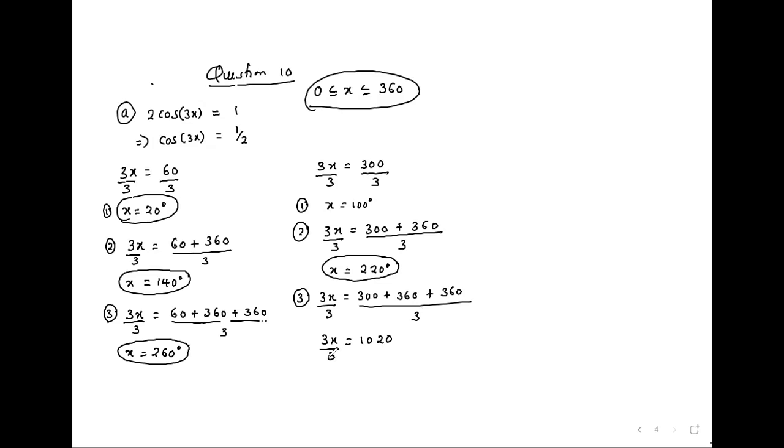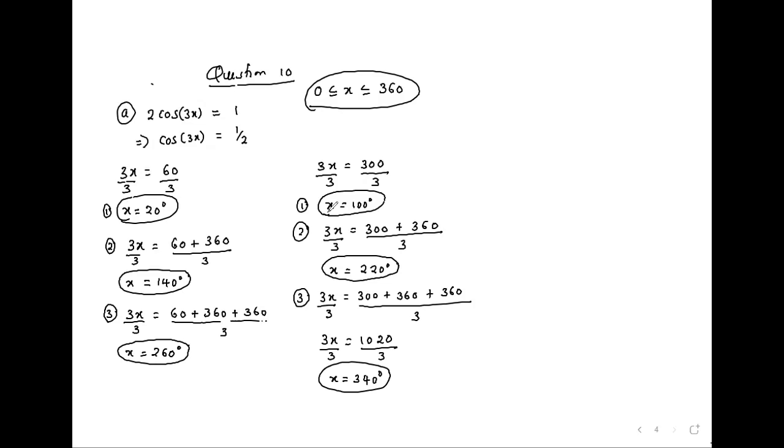Then divide by 3, so we have x is equal to 340. Okay, so we have these as our solutions: 1, 2, 3, 4, 5, 6. Wonderful. So that was part A of question 10.